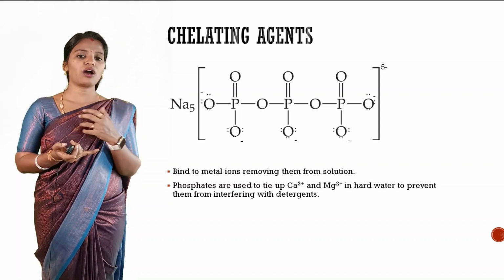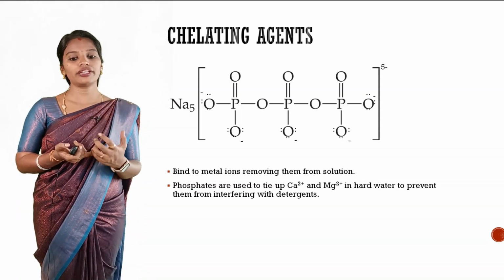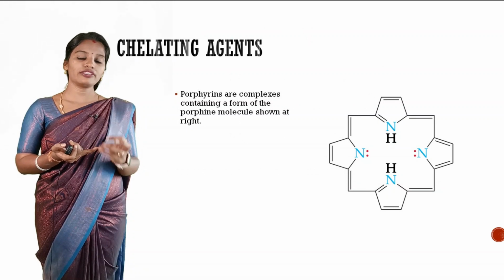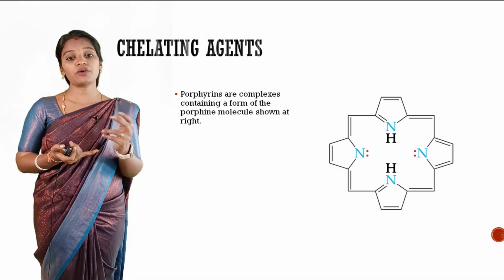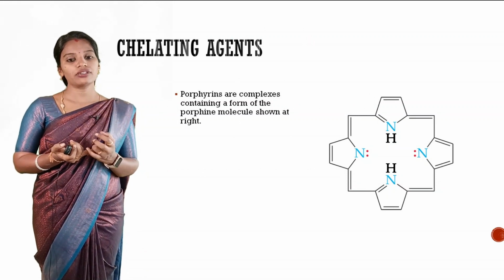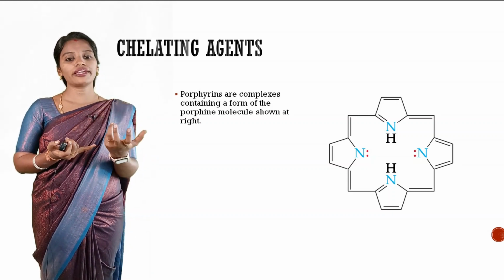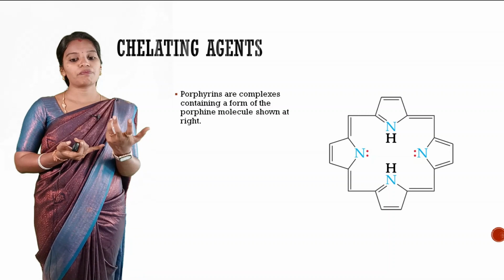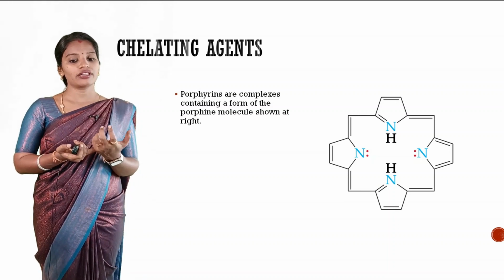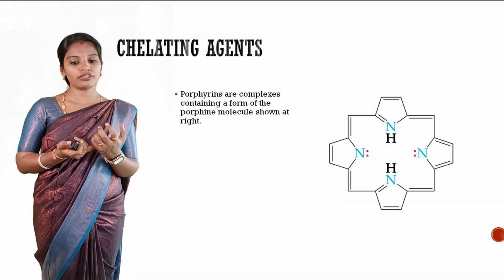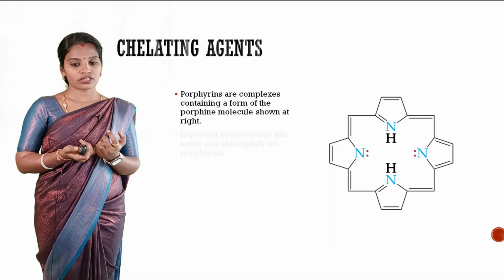And then the common one is the porphyrin ring. The porphyrin ring is present in hemoglobin and myoglobin. It is one of the bioinorganic chelating agents. A porphyrin complex containing the porphyrin molecule is shown.